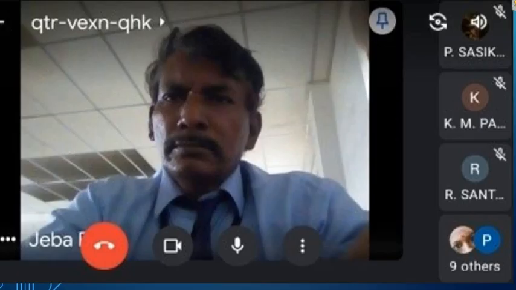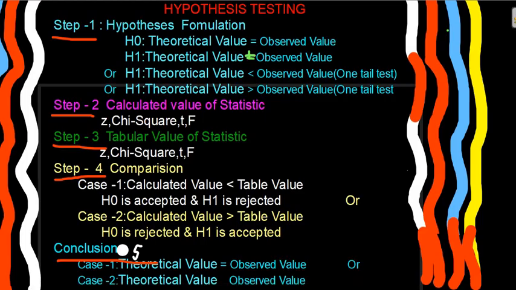The second step is calculation of statistics. What is calculation of statistics? For the given situation, the problem may fall on a Z normal distribution, or chi-square distribution, or T distribution, or F distribution.